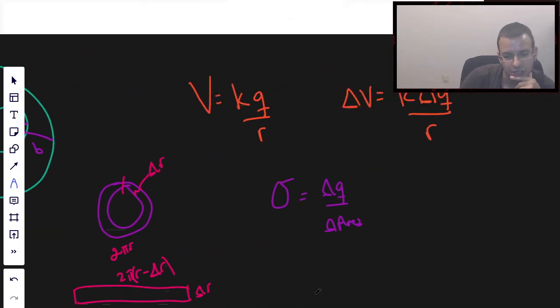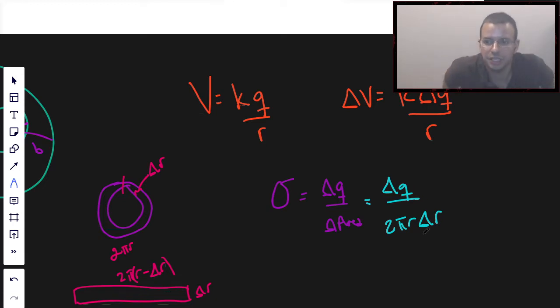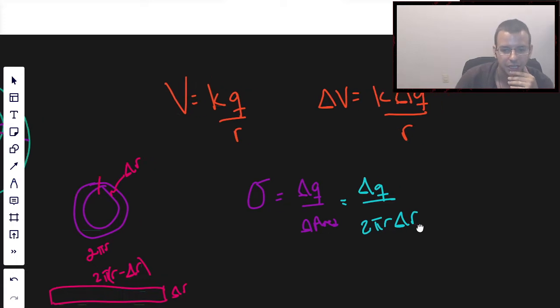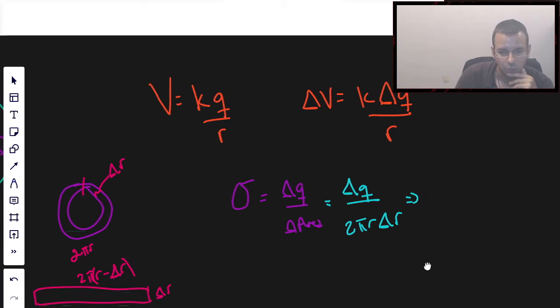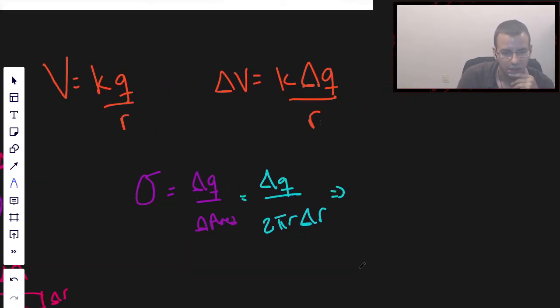All right, so we get delta Q here all over 2 pi R times delta R. We need to have 2 R's because this is an area. So from dimensional analysis, area is measured in meters squared. So we got R, delta R, good. But we're not really all that concerned with sigma.